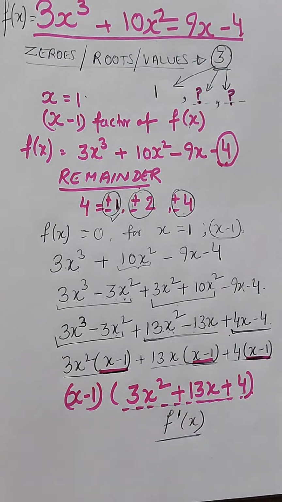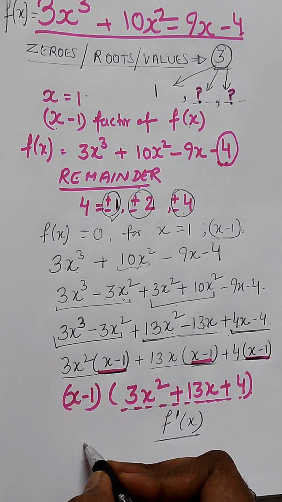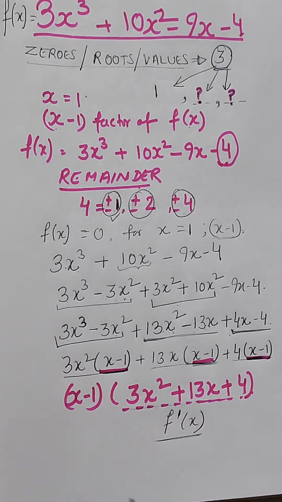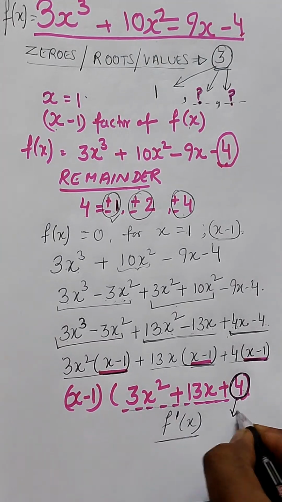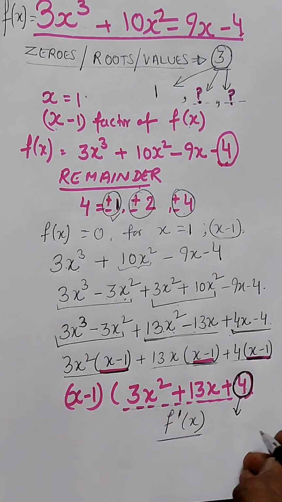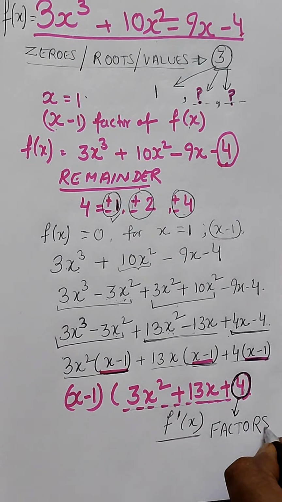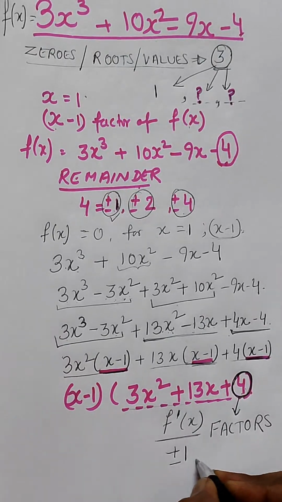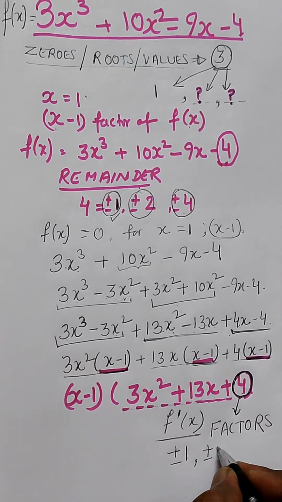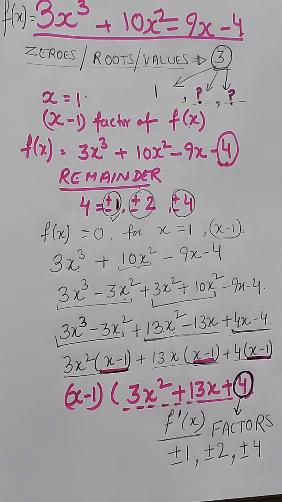So for f of x, when you put the value of x as their factors, again 4 is there. What are the factors? The factors are plus minus 1, plus minus 2 and plus minus 4, right?